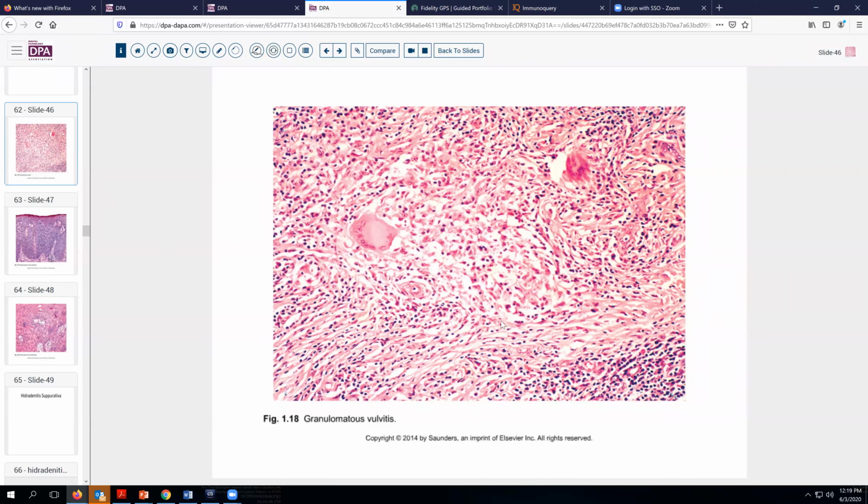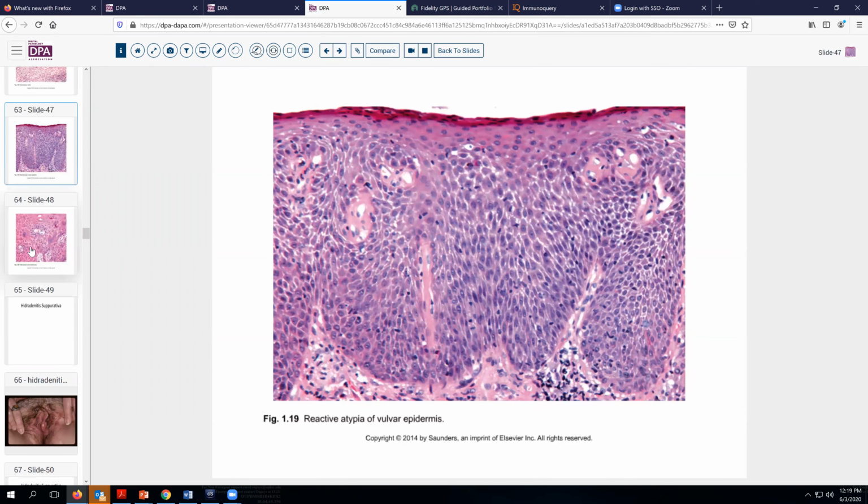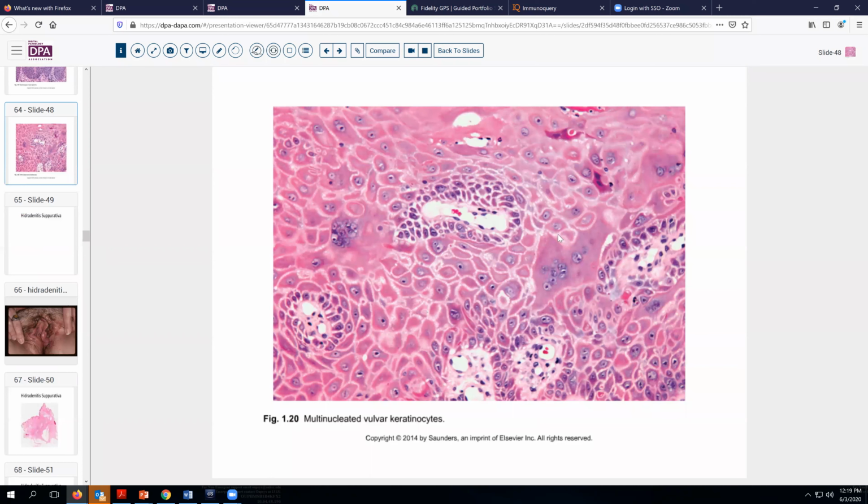We have a nice granulomatous inflammatory reaction here, mixed inflammation with associated giant cells and so forth. This would be our appropriately termed granulomatous vulvitis and would raise concern for Crohn's disease.